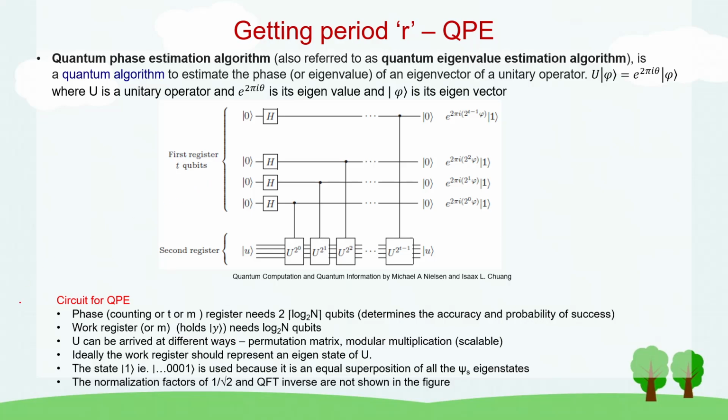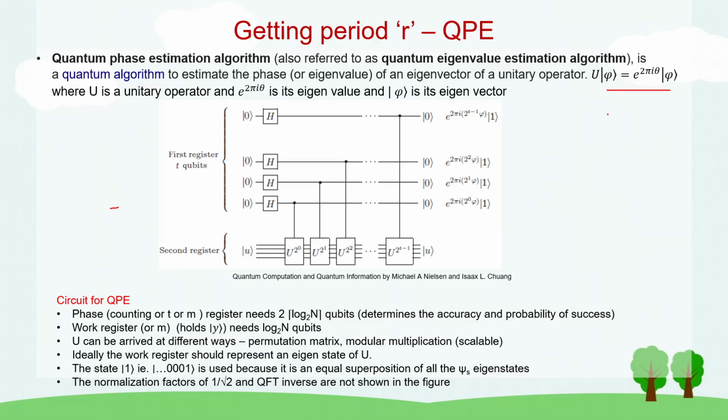It's not Shor's circuit. The quantum phase estimation algorithm is also called the quantum eigenvalue estimation algorithm. It is a quantum algorithm to estimate the phase of an eigenvector of a unitary operator like this.